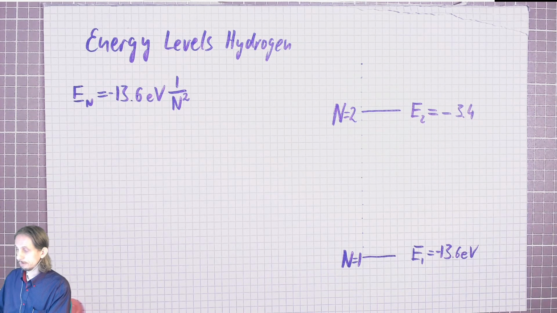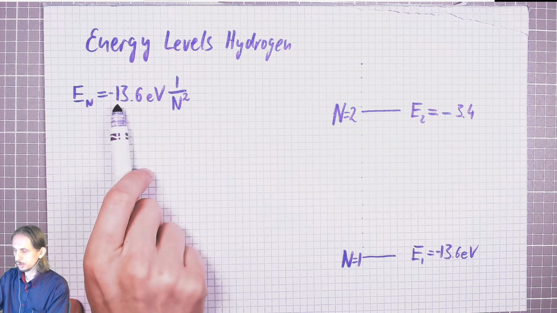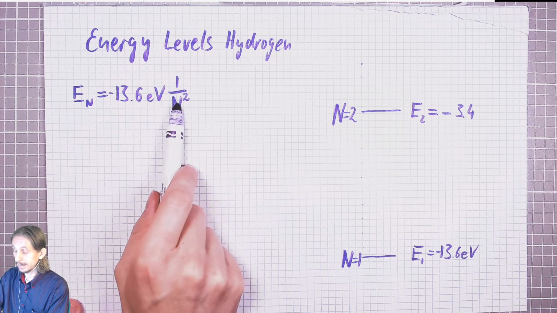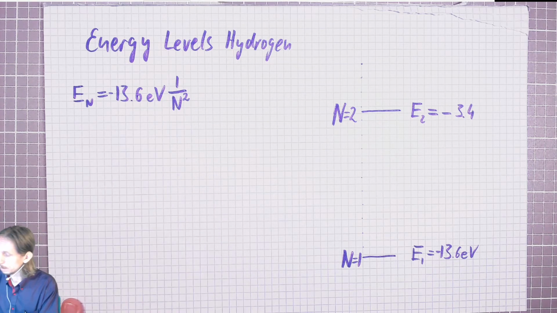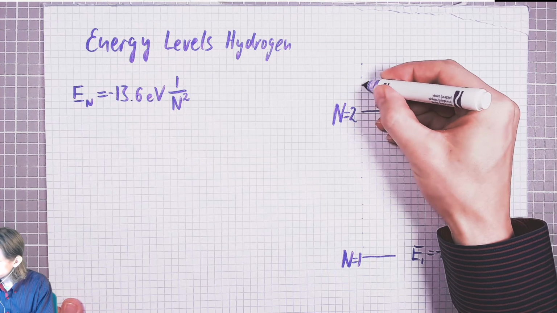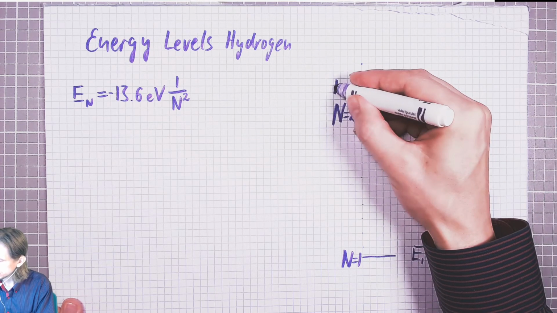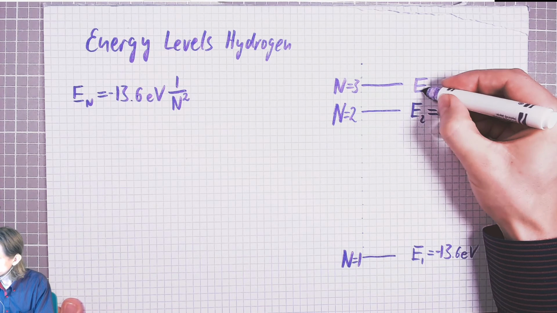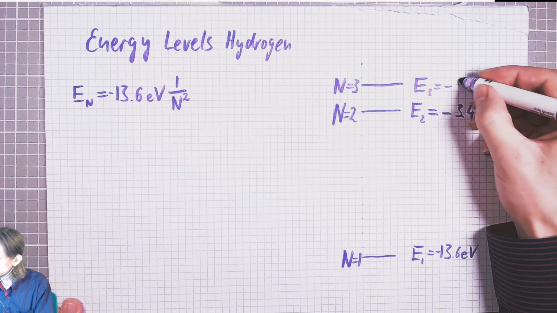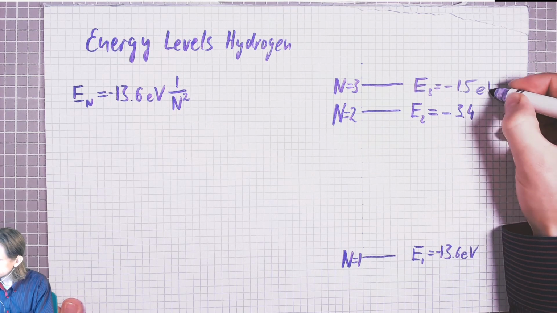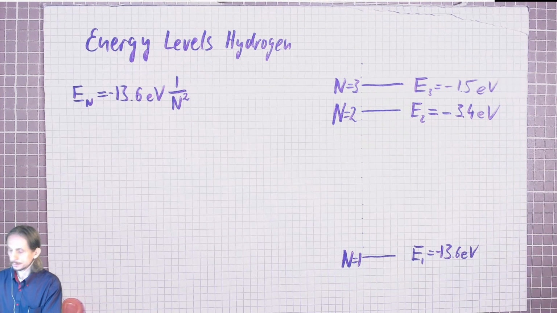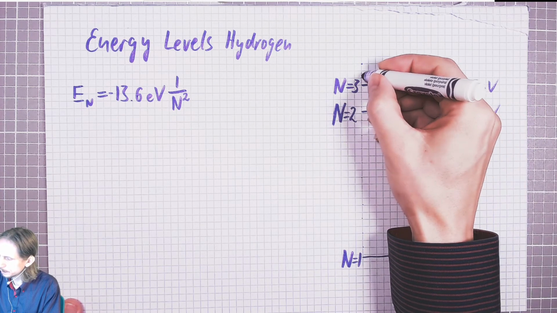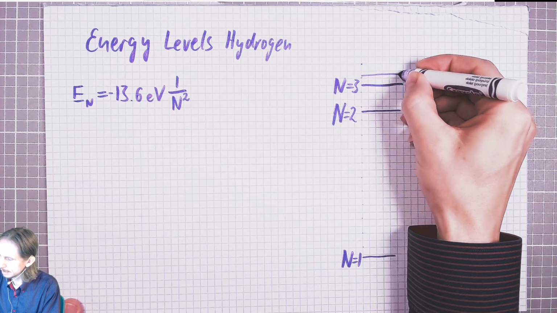If we wanted to have the third level, we would take minus 13.6 electron volts times 1 divided by 3 squared, that is 1.5. And we could maybe put one extra one on, but this one is starting to become tough.